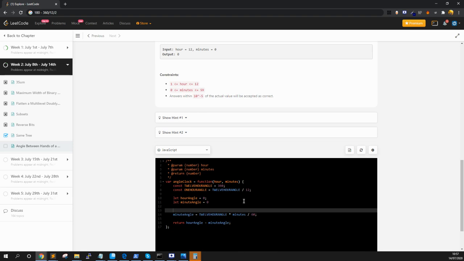So hour angle equal to an hour angle times the number of hours, plus the percentage of minute divided by 60 in an hour.